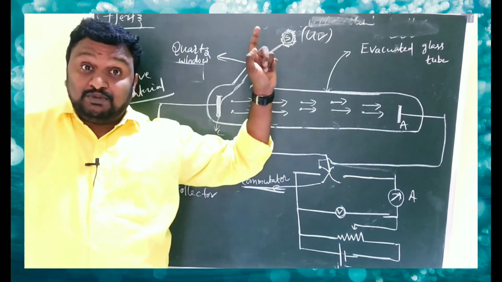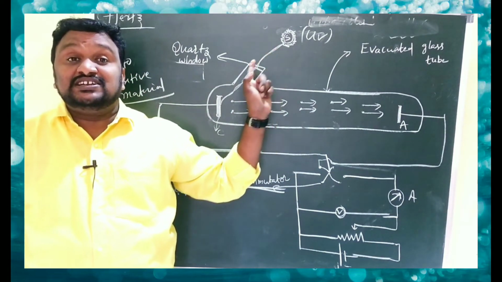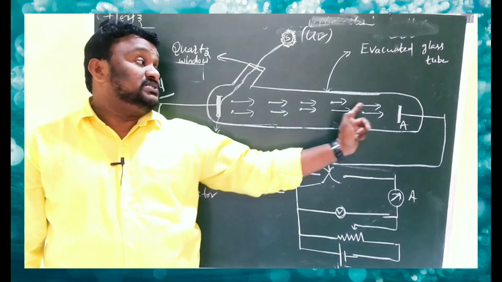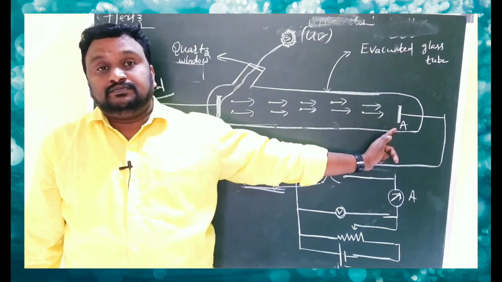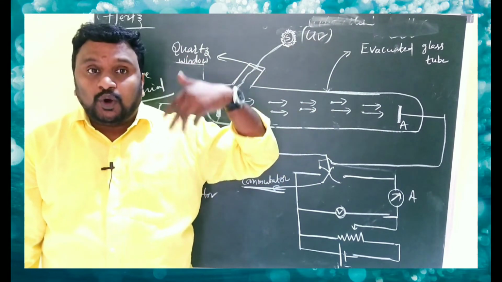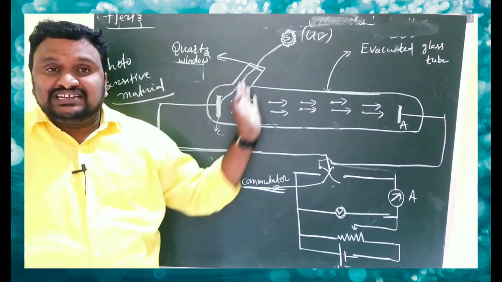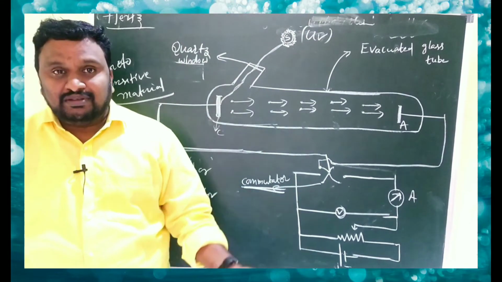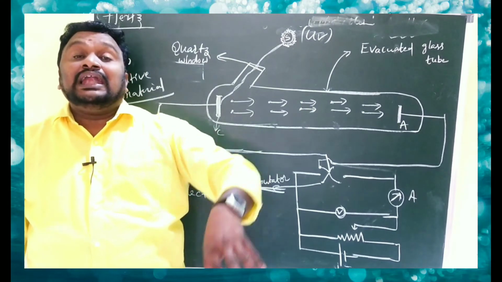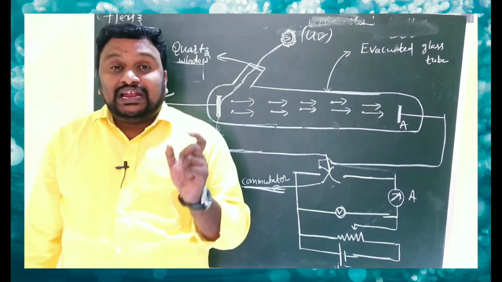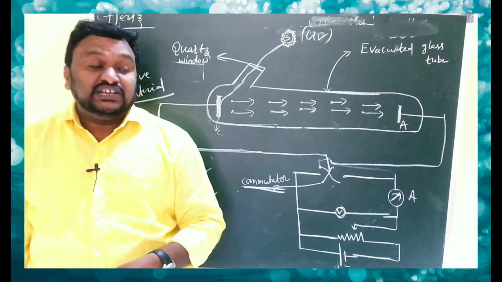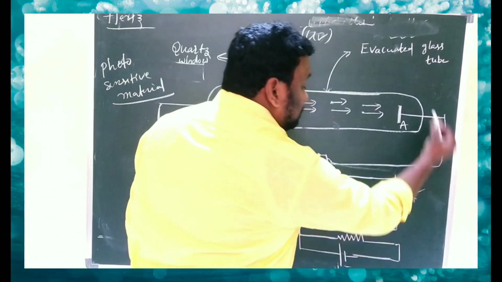When a certain amount of energy is incident on the metal surface, the electrons are liberated and they move towards the collector. This process will be continuous as long as light is continuously falling on it. And how much photoelectric current is in the circuit should be measured by the ammeter.